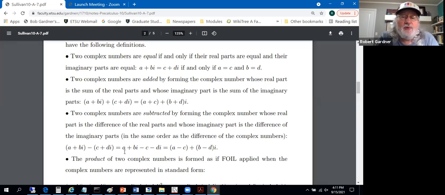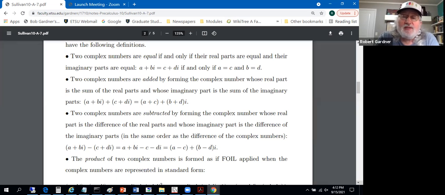We'll collect together the real parts, the a and the negative c, to give us an a minus c for the real part of the difference. We've got a bi minus di. Looks like we're factoring i out to the right-hand side and getting b minus d is the imaginary part of the difference. Technically, we're not factoring just yet. We're defining what these things mean.